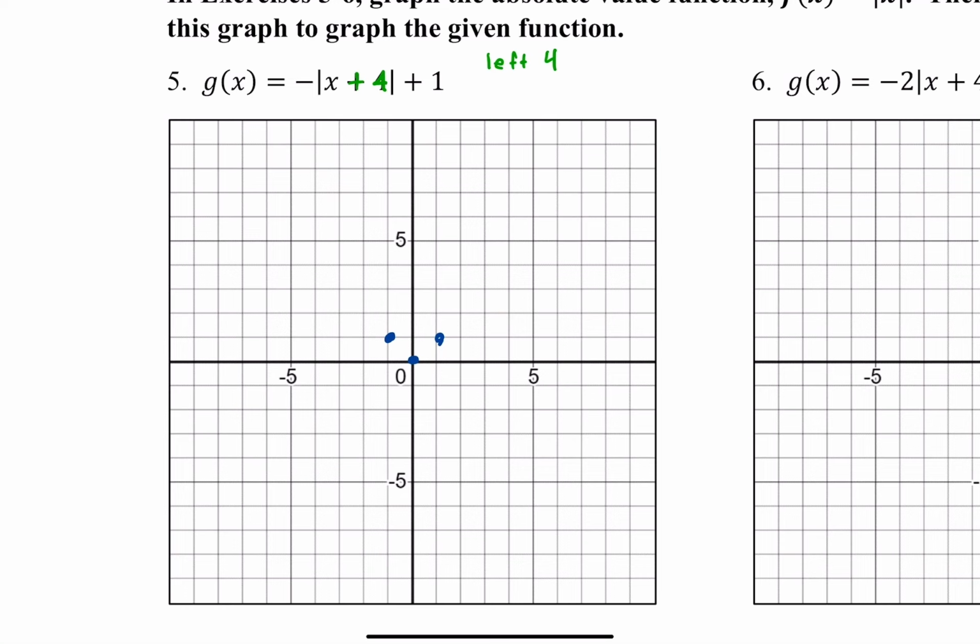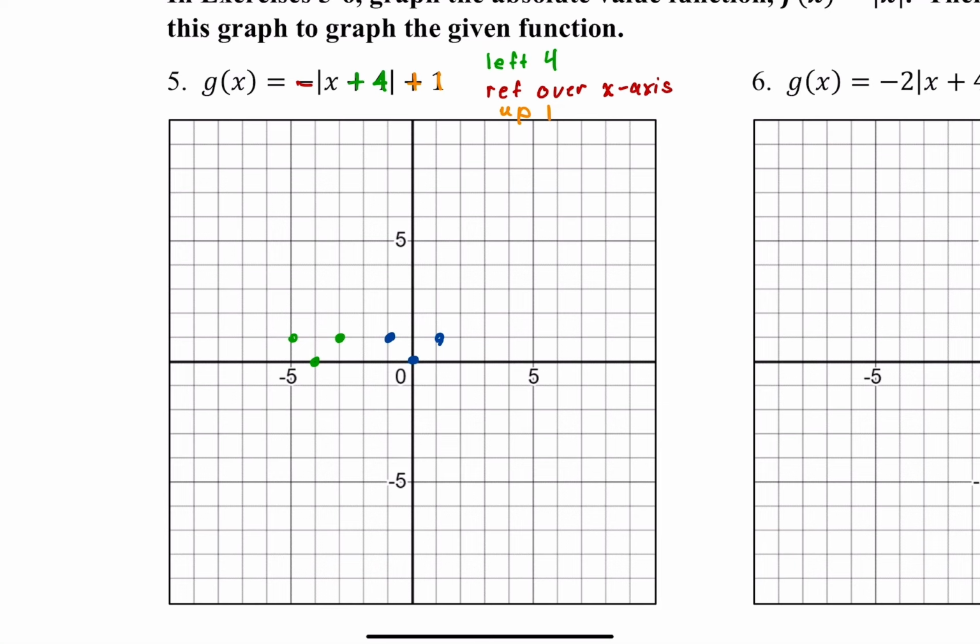Then we have the negative, which is going to be a reflection. Let's go ahead and just do that in a red. That is going to be a reflection, again, because it's outside, over the x-axis. And then lastly, this +1 is going to cause the graph to shift up 1. Applying them in terms of order of operations, we'll go to the left 4 to move the anchor points over here into the second quadrant.